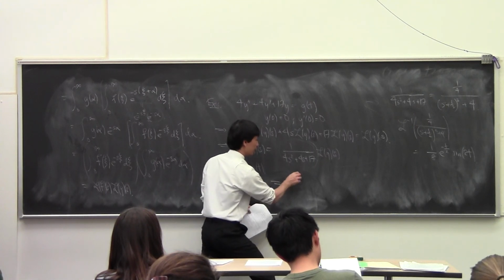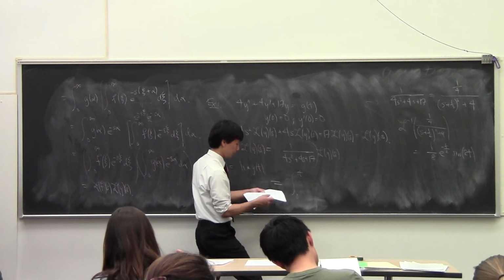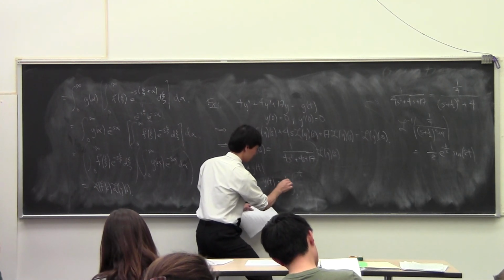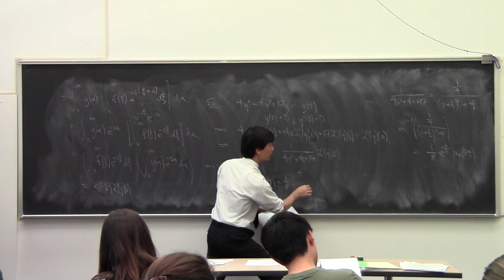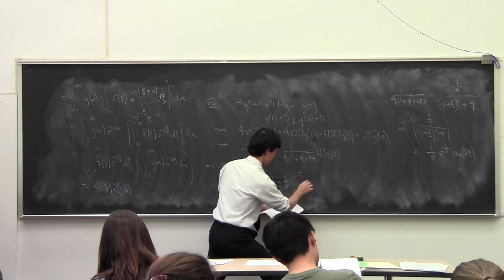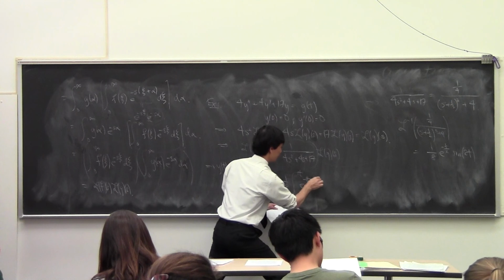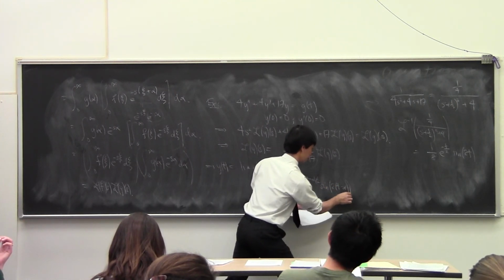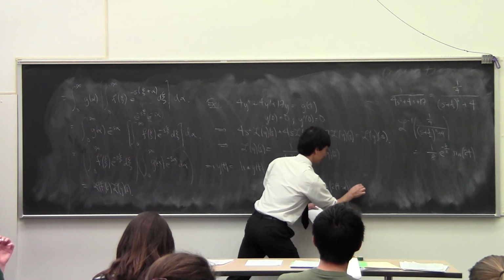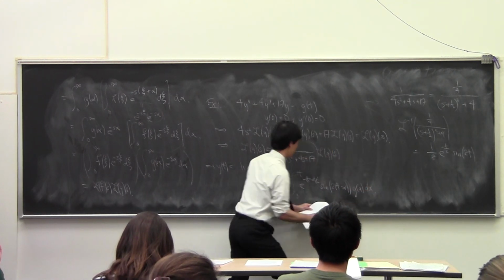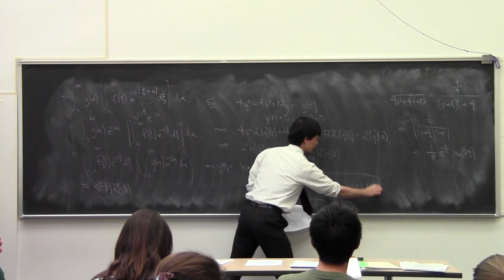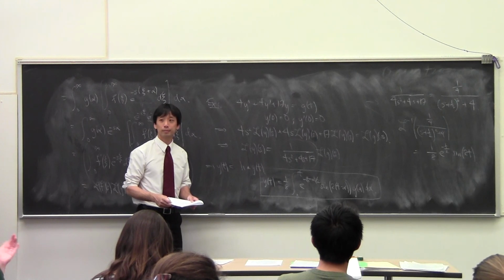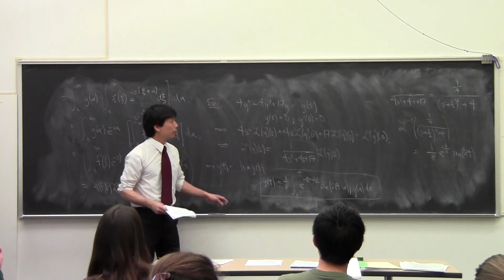In the end, what do we get? We get that our answer is that y is going to be the integral of 1/8 e^(-(t-α)/2) sin(2(t-α)) g(α) dα.